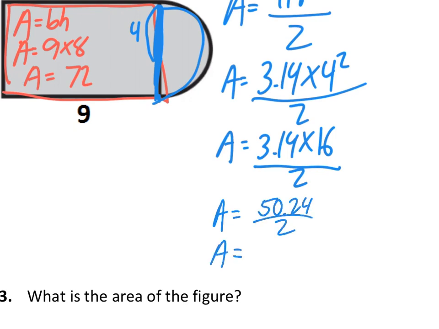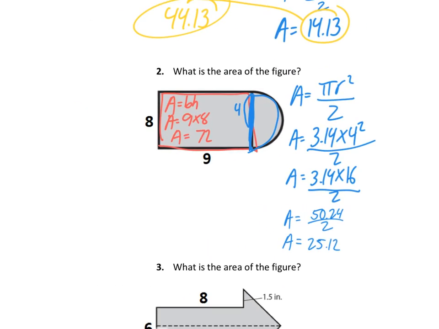And finally, I have to cut that in half, so 50.24 divided by 2 is going to be 25.12. Again, I have my two areas: 72 and 25.12. So I'm going to combine these two, and when I add them, I get a total of 97.12.